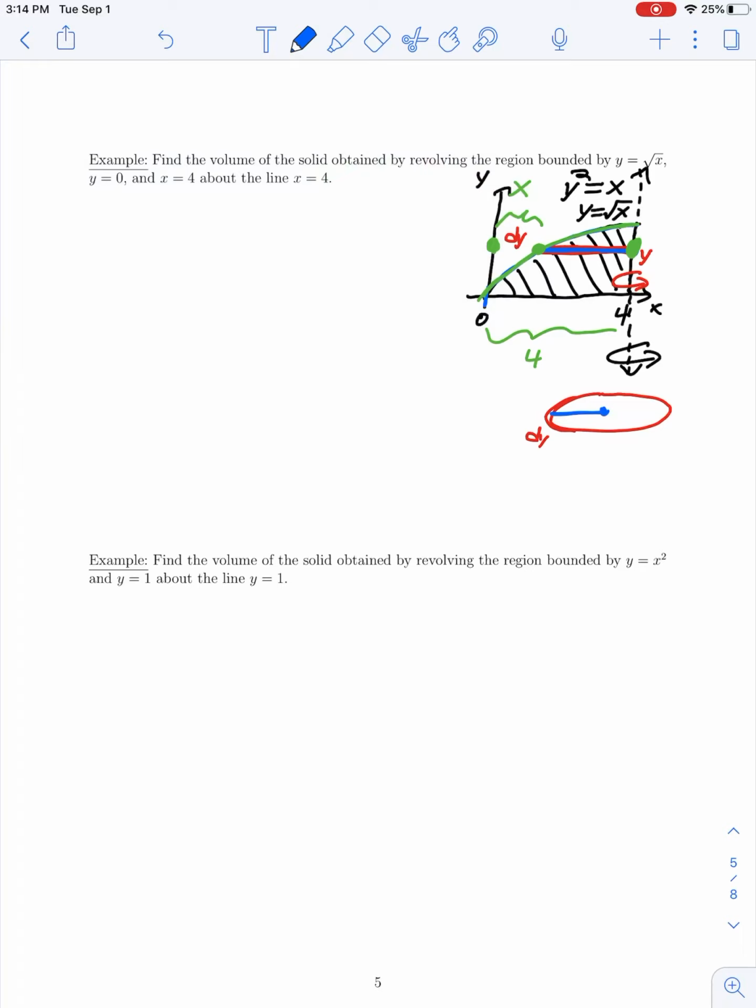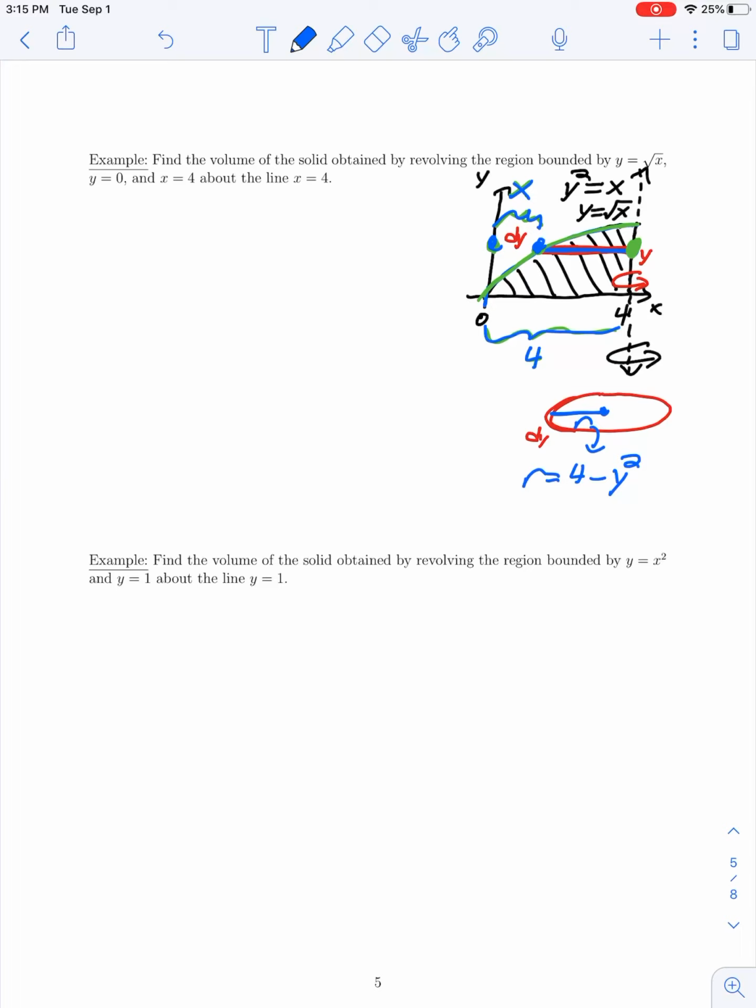So the radius r of my disk here is found by taking the total distance from the y-axis to my axis of revolution, which was 4 units, we said. And then I subtract the distance that I traveled from the y-axis outward to my curve, which is given by x, where x is equal to y squared.